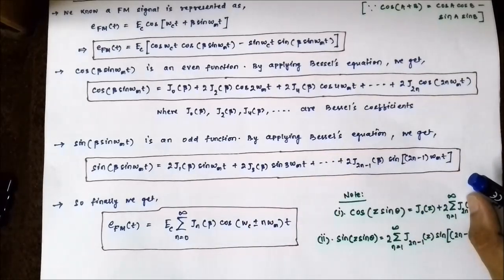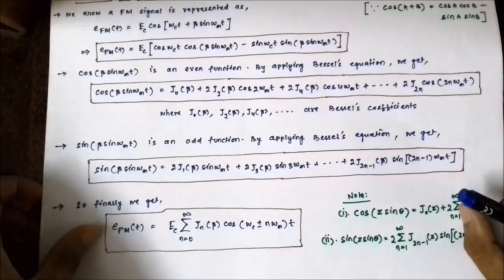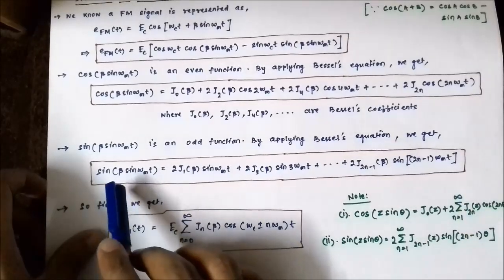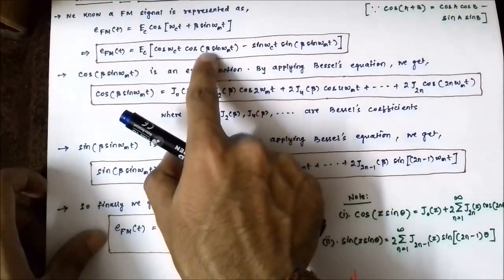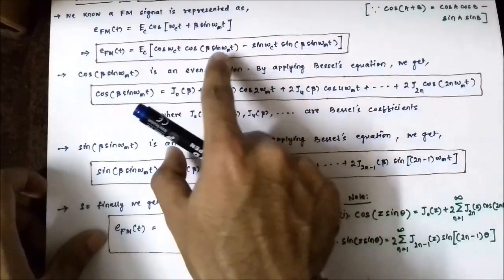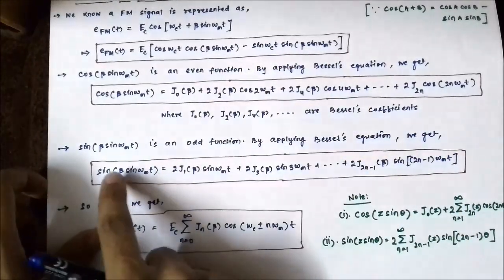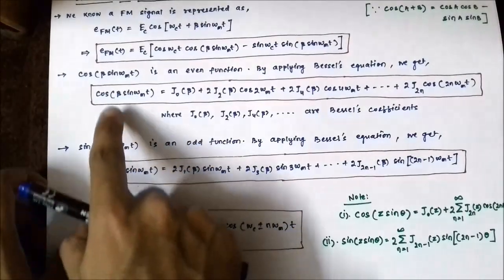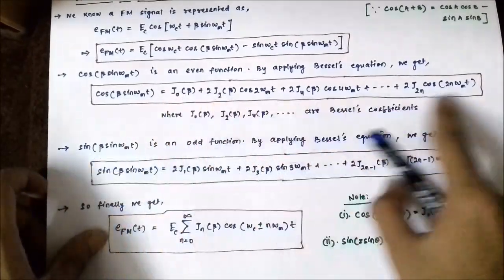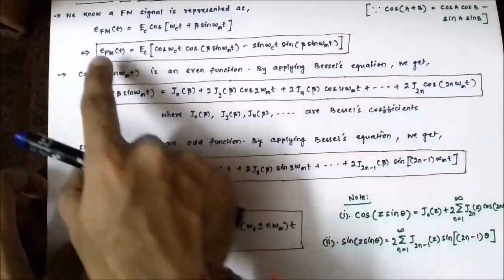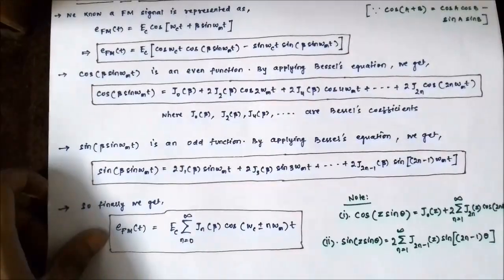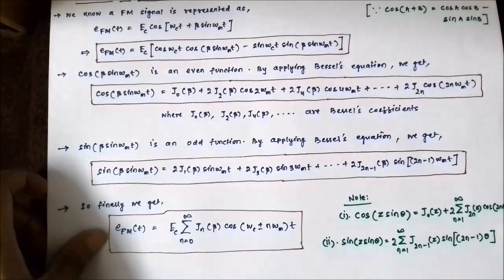So what we do is substitute these two expansions, the cos(beta sin omega_m t) expansion and the sin(beta sin omega_m t) expansion, into this expression. We get a very lengthy and complicated expression which we have not covered here.